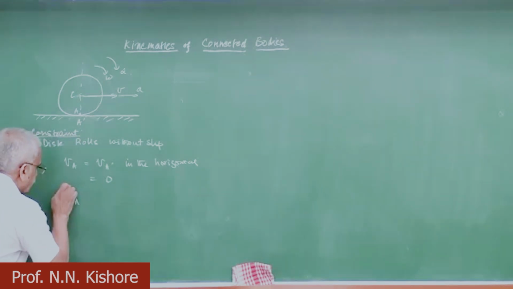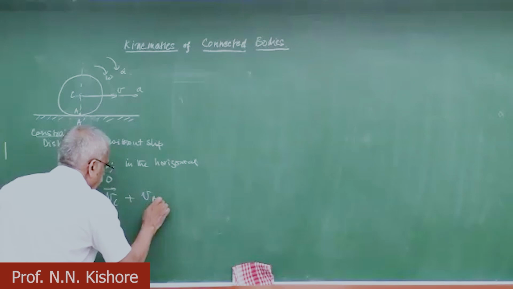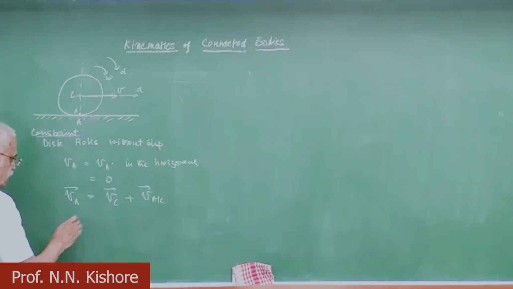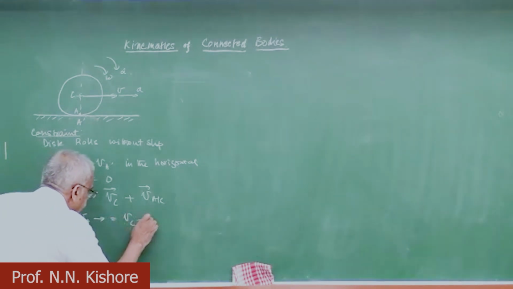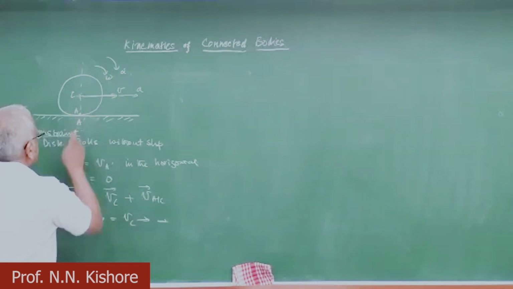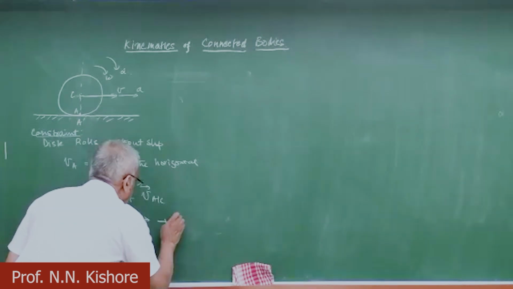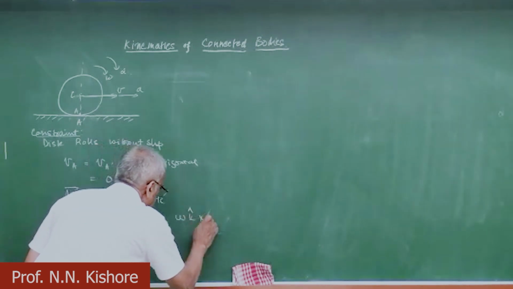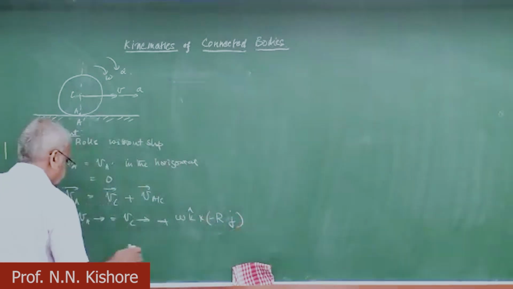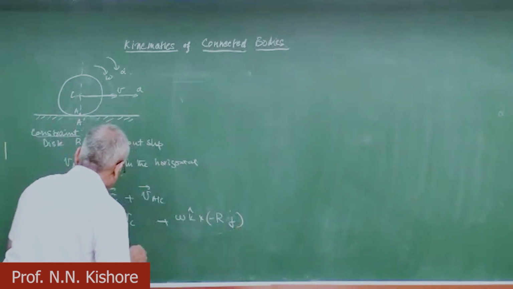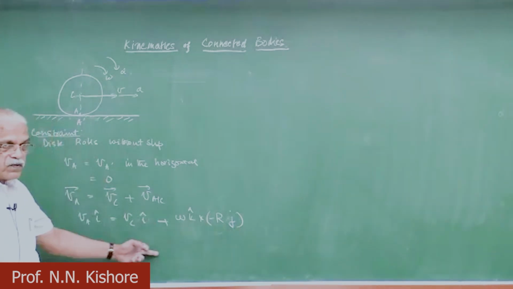And using this, your velocity relationship, VC plus A with C. So this is the relationship, your algebra equation.